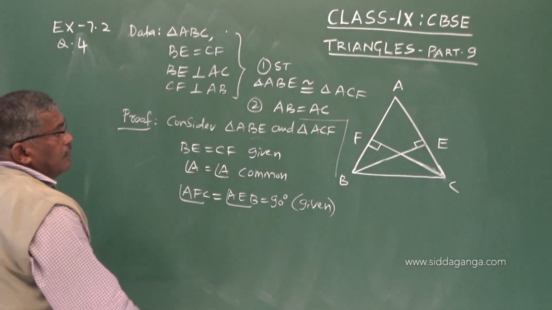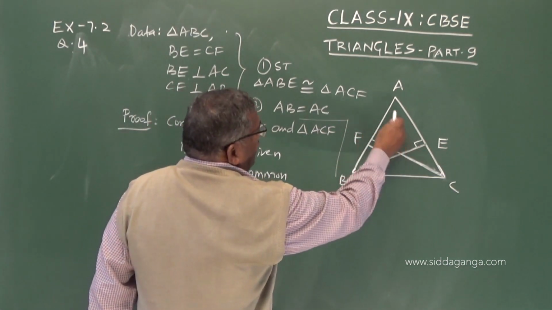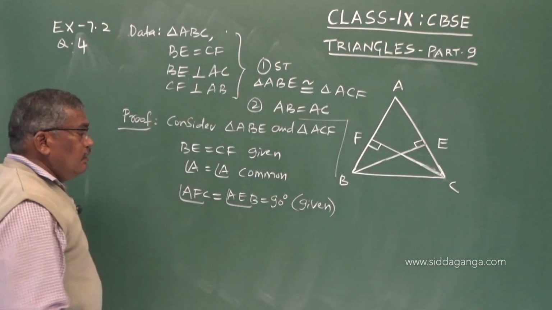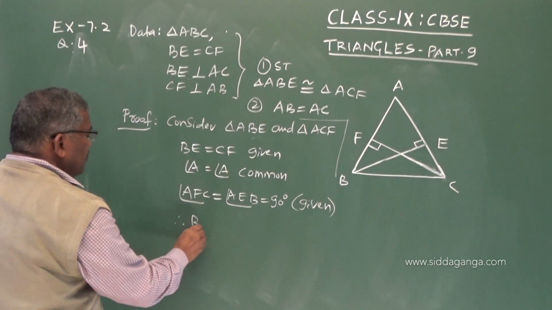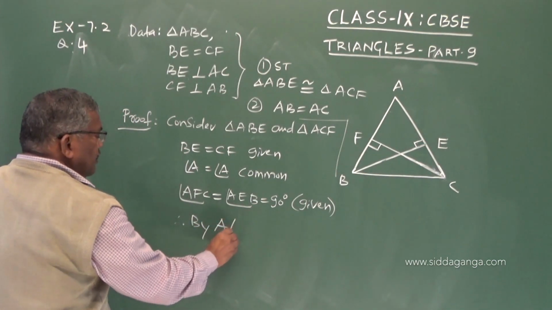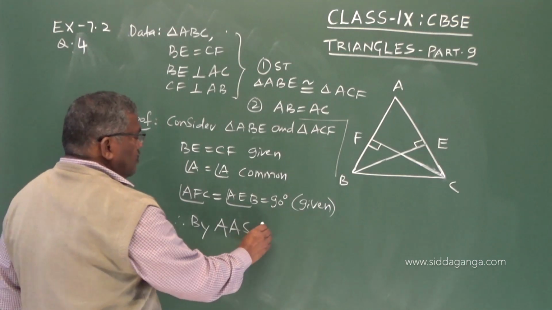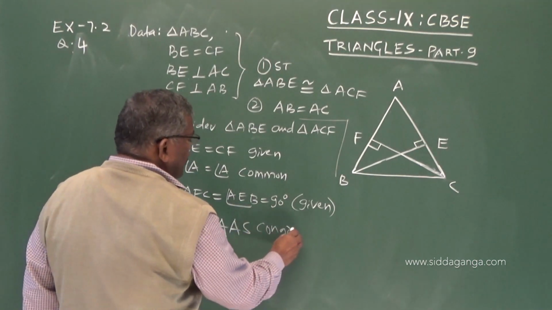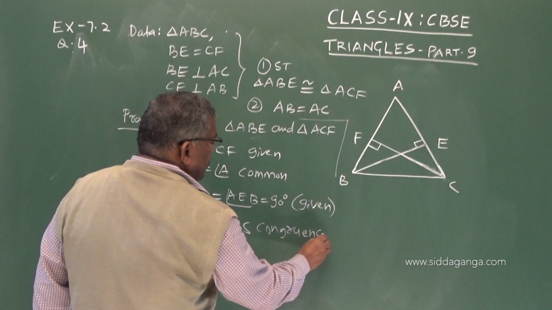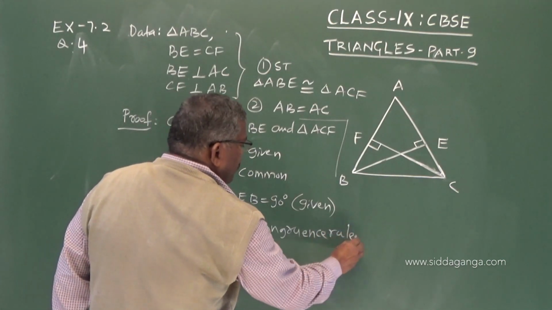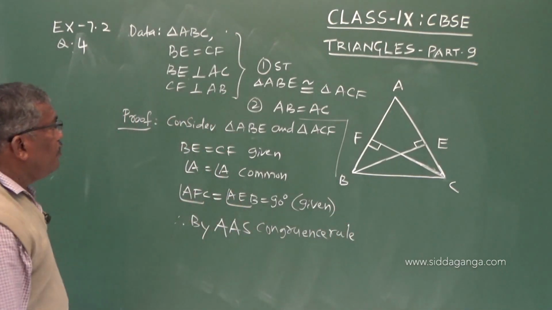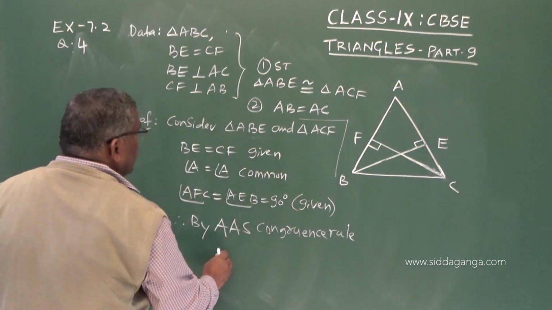So therefore, angle, angle, side, so therefore by AAS congruence rule, we can say these two are congruent.